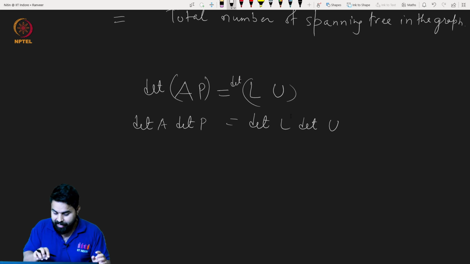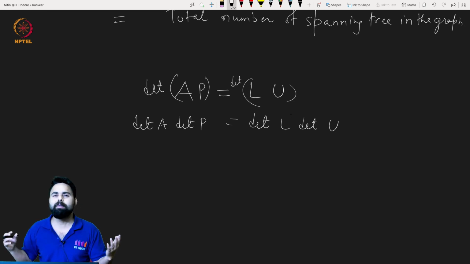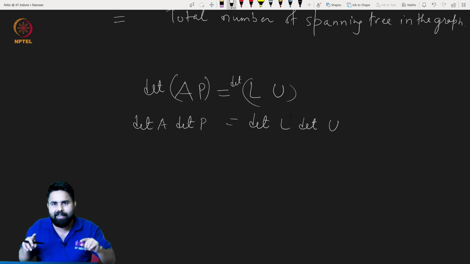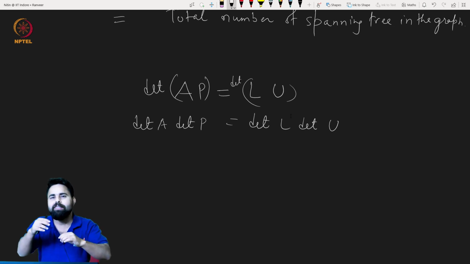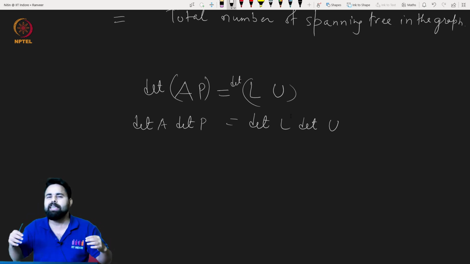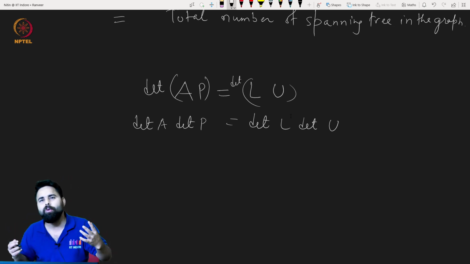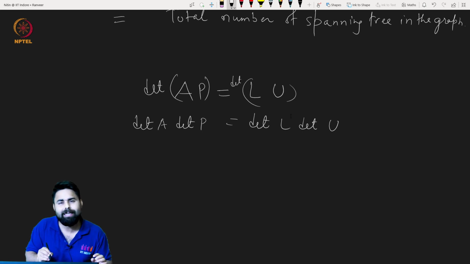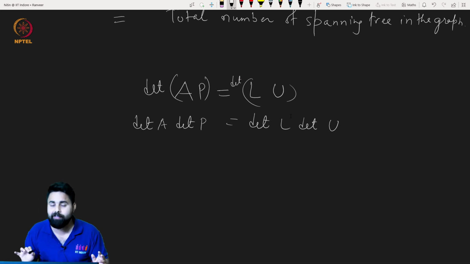And by the way, P is a permutation matrix: an identity matrix where you shift the ones on the diagonal, so each row and each column still has just one 1. The determinant of such a matrix is either +1 or -1, very easy to calculate.